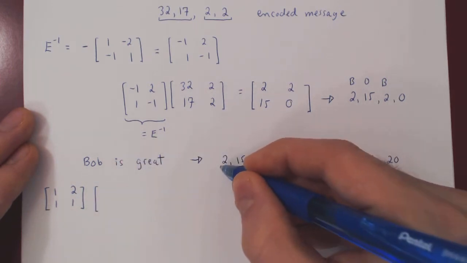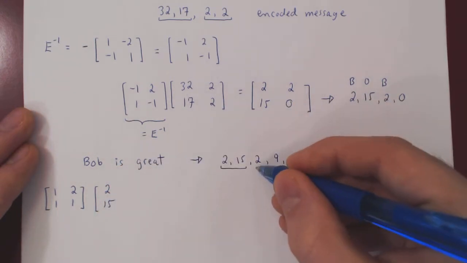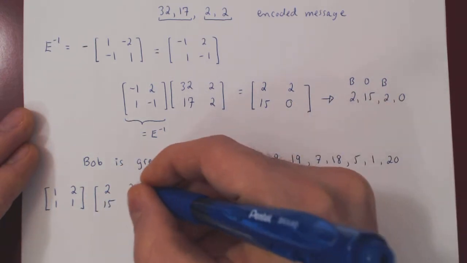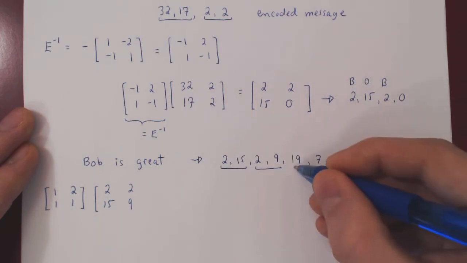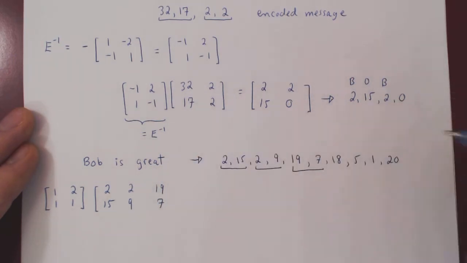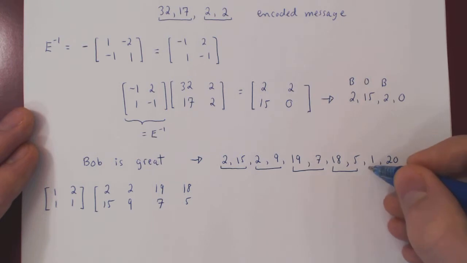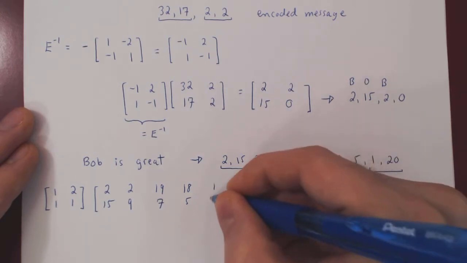So the first column, 215. Second column, 2, 9. Third column, 19, 7. Fourth column, 18, 5. And the fifth column, 1, 20.